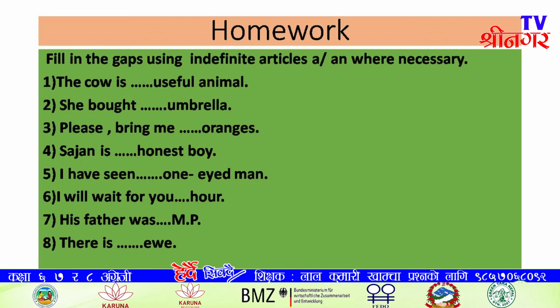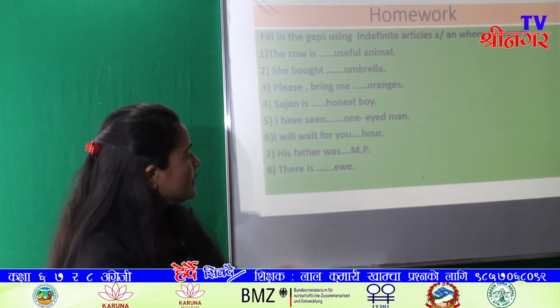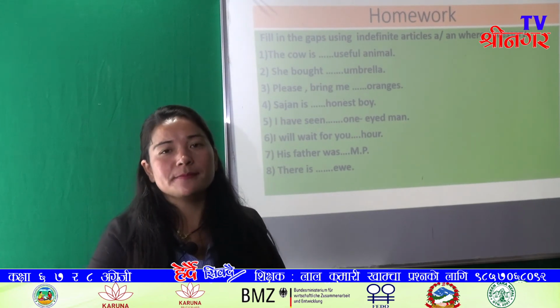Next one, I have seen one-eyed man. Next one, I will wait for you hour. His father was MP and there is ewe. And the meaning of ewe is female sheep.